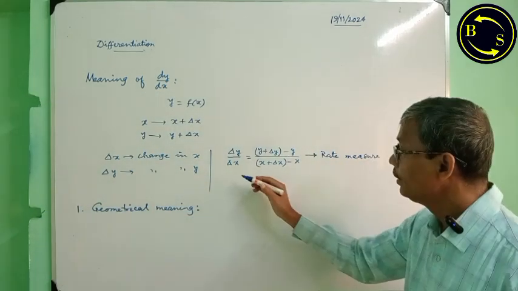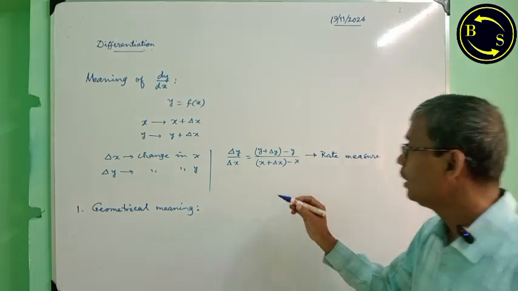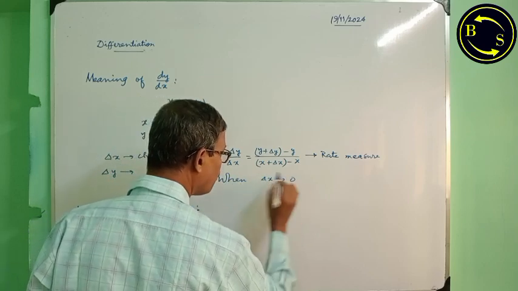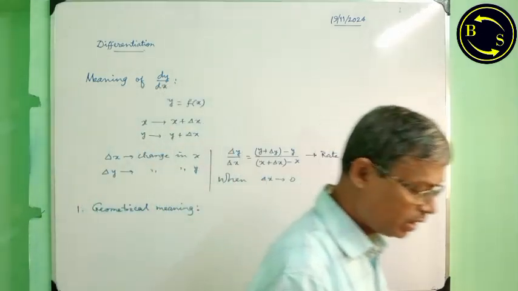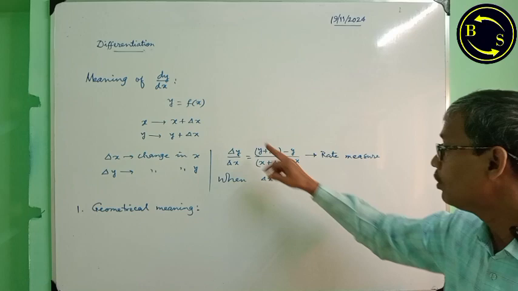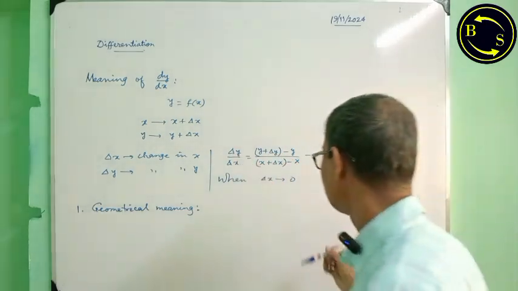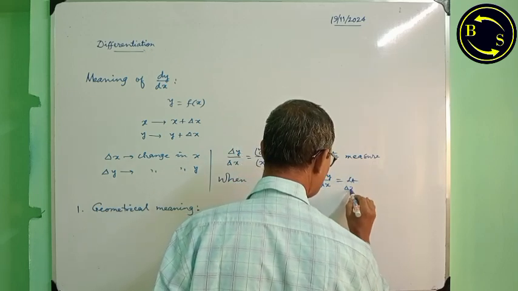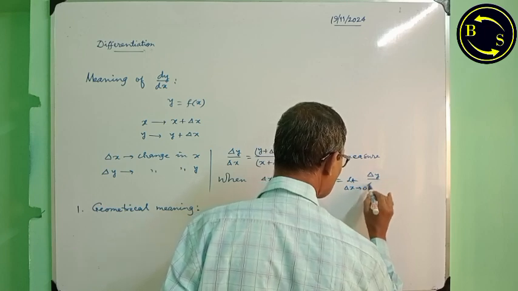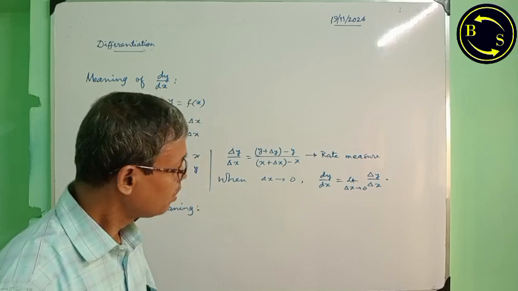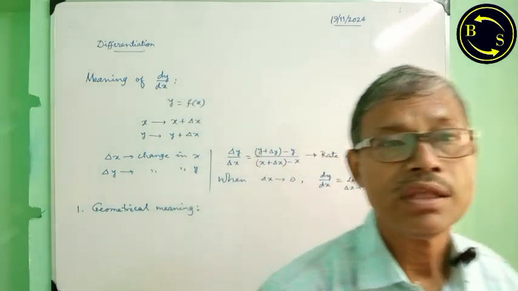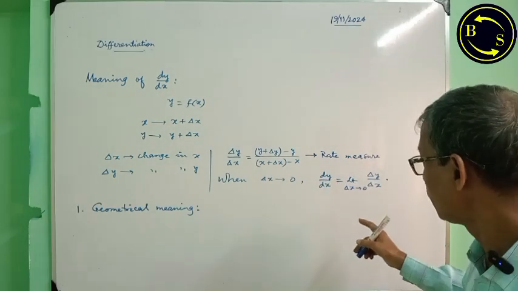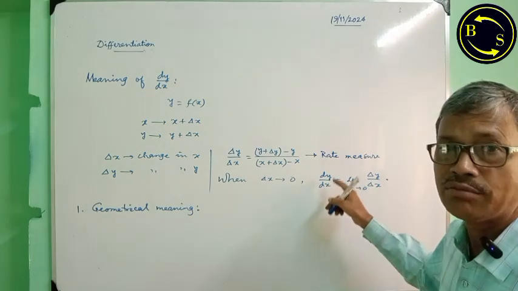Here, one thing: this is the average change, and when the change of the independent variable is very small, then we call this ratio or quotient dy/dx. Since the change in the independent variable is very small, we call this the instantaneous change. This is the rate measure.